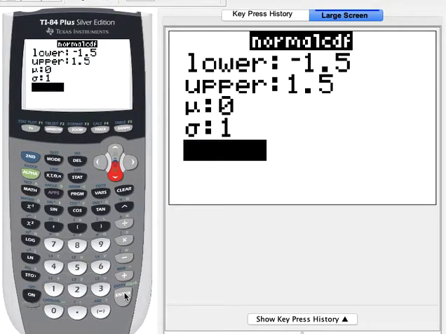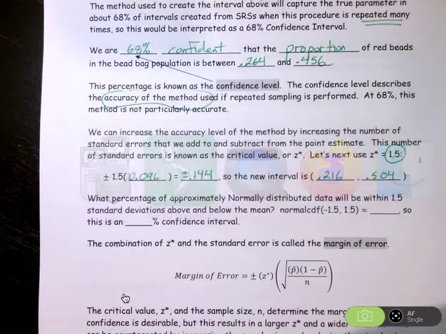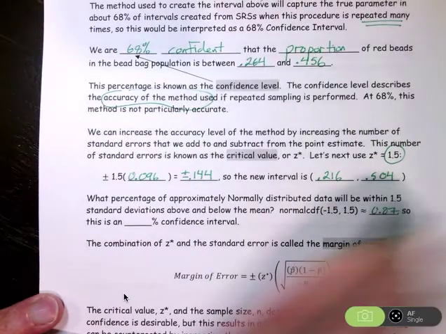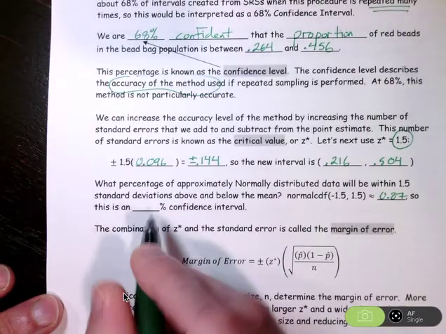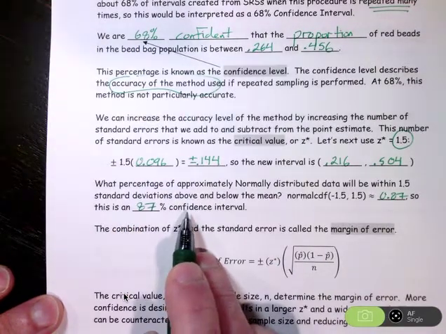I want to find the percentage of approximately normally distributed data that will be between those two Z scores, and it's about 87%. So this is about 0.87. What this means is that we have created an 87% confidence interval.